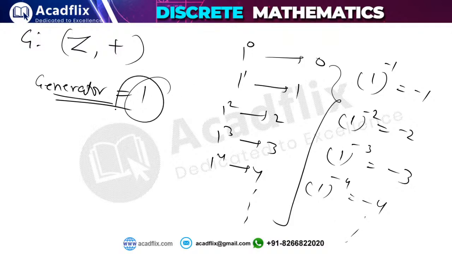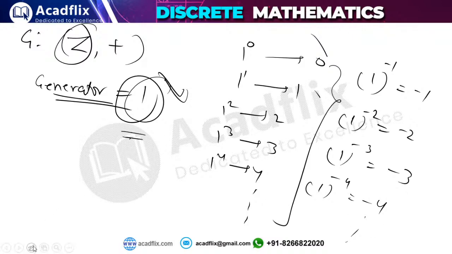That's why this is called a generator: it can generate every element of this base set, the set of integers. 0, 1, 2, 3, and also -1, -2, -3, -4 can be generated. So 1 is the generator.